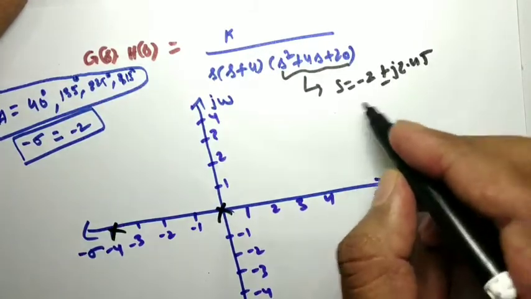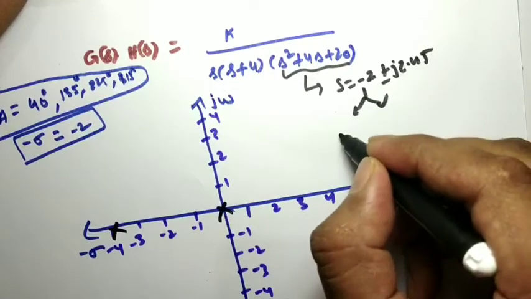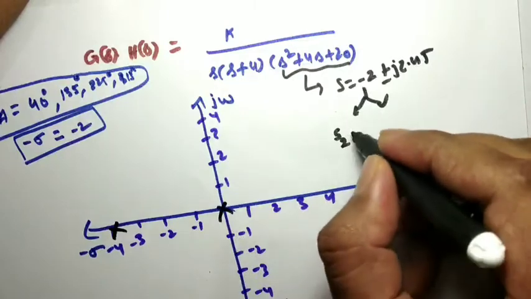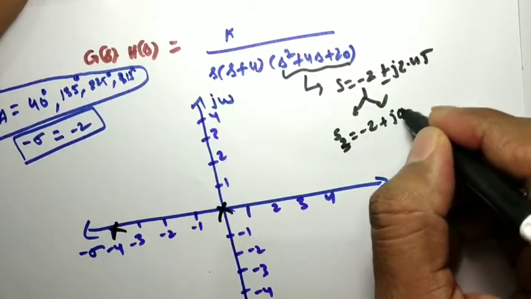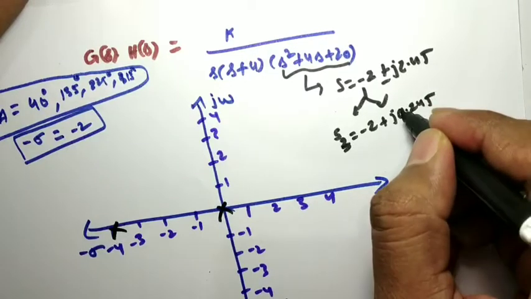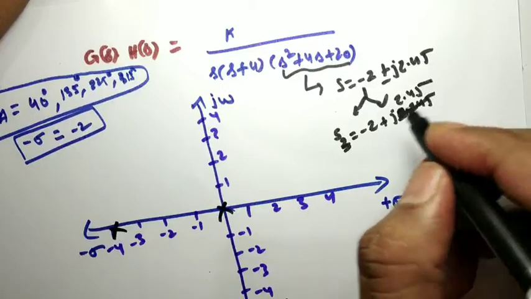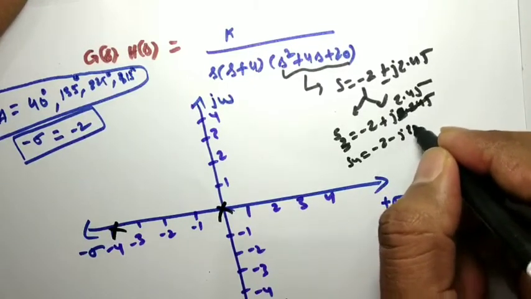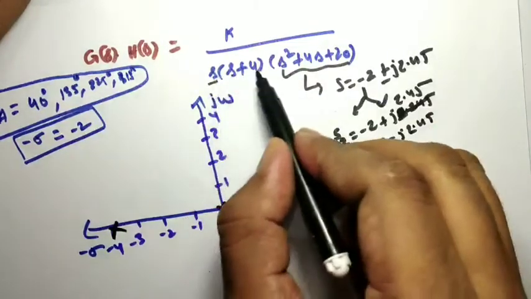So from here we get the two roots: s3 is -2 plus j 2.45, and s4 is -2 minus j 2.45. So these two poles I have already located.